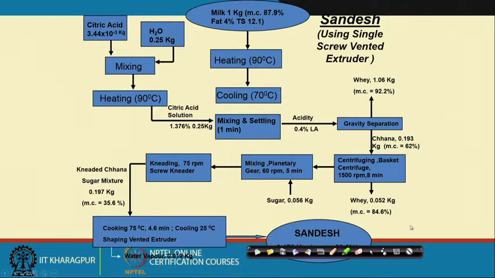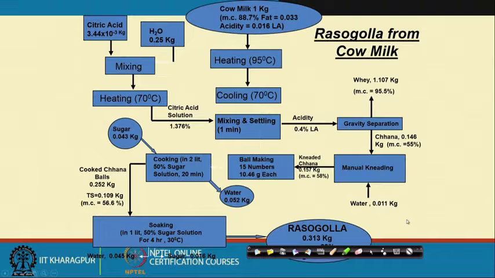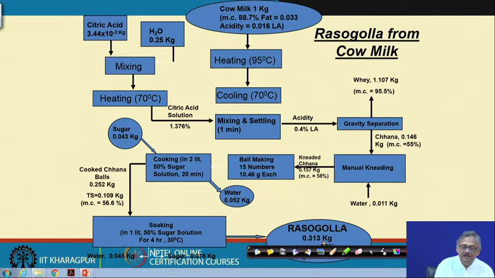So, then we move quickly to another very popular one, that is called rasogolla making, right. This rasogolla making is again from cow milk of 1 kg with a moisture content of 88.7% and fat content of 0.033 kg, acidity is 0.016% lactic acid.